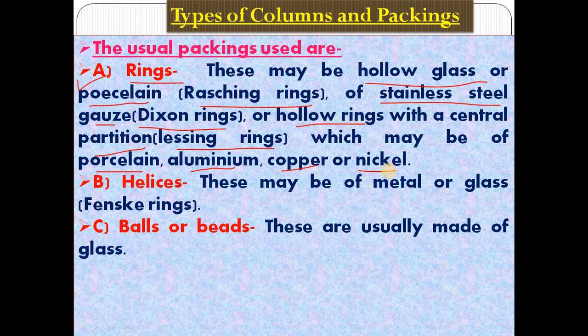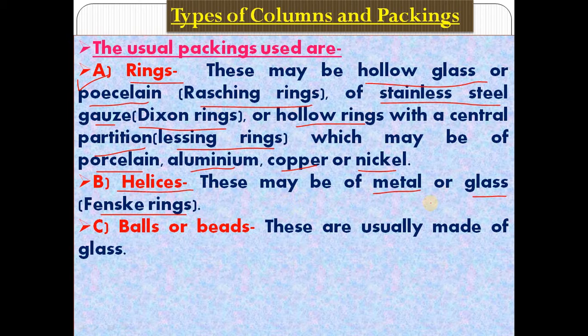Several types of glass, porcelain or metal pieces are applied to form these columns. Another packing is helices, which may be of metal or glass, also called Fenske rings.